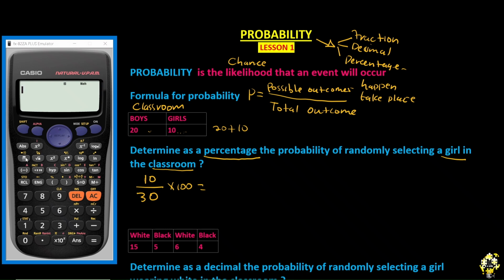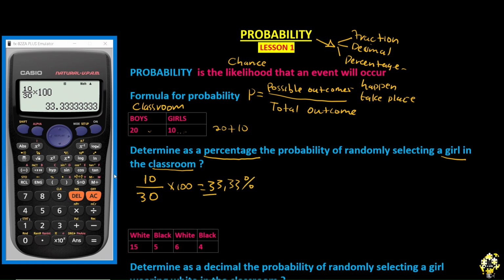Now let's go to our calculator and say fraction, 10 divided by 30, multiplied by 100. And it says that the probability of randomly selecting a girl in class, rounded off to 2 decimal places, is 33.33%.